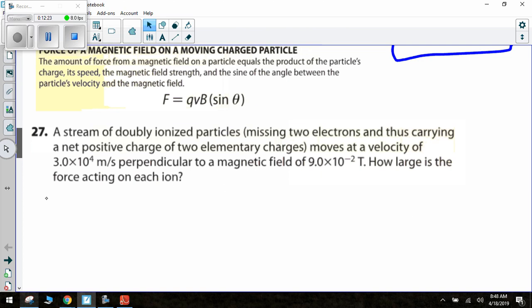So we'll look at our givens. It says a stream of doubly ionized particles, which means that they're missing 2 electrons and thus carries a net positive charge of 2 elementary charges. Okay, that's telling us the charge, right? When it says that it's got 2 elementary charges, what does that mean?